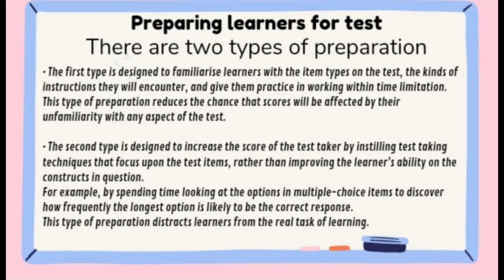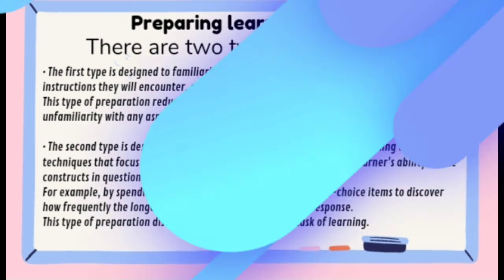For example, by spending time looking at the options in multiple choice items to discover how frequently the longest option is likely to be the correct response. This type of preparation distracts learners from the real task of learning.